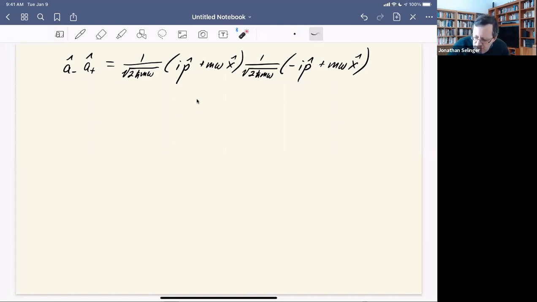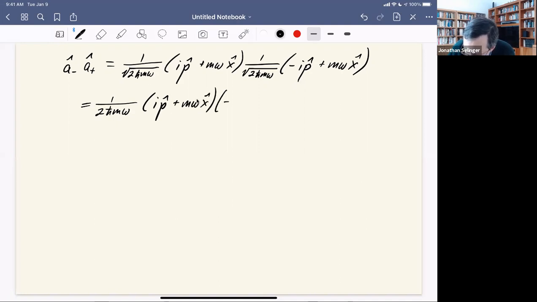So this factor of 1 over the square root can just be pulled out in the front. No problem with that. So we have in the front two factors of that square root, which gives us 1 over 2 h bar m omega, like that. Then it's this combination of pairs: i p hat plus m omega x hat, times minus i p hat plus m omega x hat.